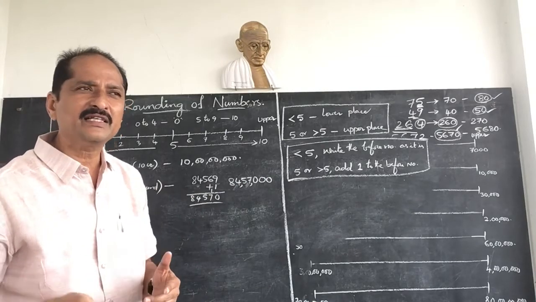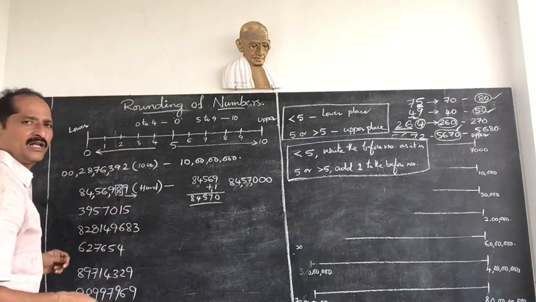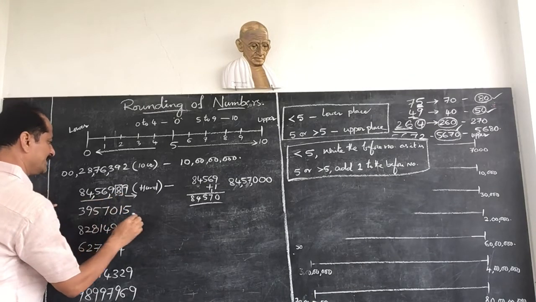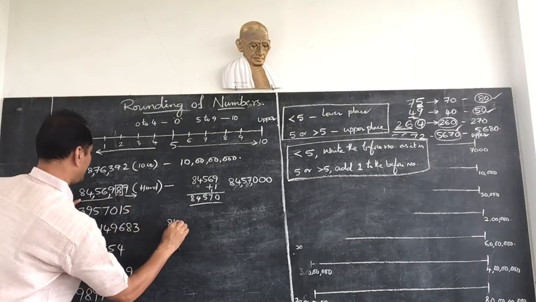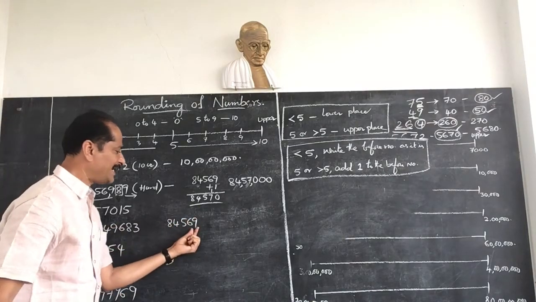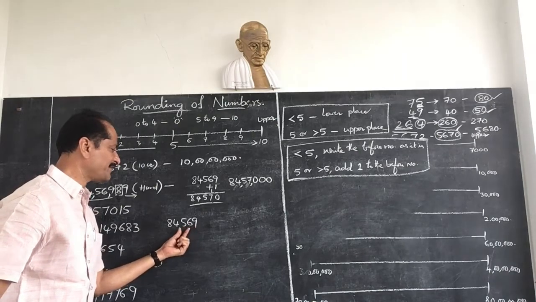What we did previously, how many hundreds are there in this number? 1 times 100, that means this many hundred. That means 8, 4, 5, 6, 9 hundreds. 9 after 10, 69 after 70, 569 after 570.